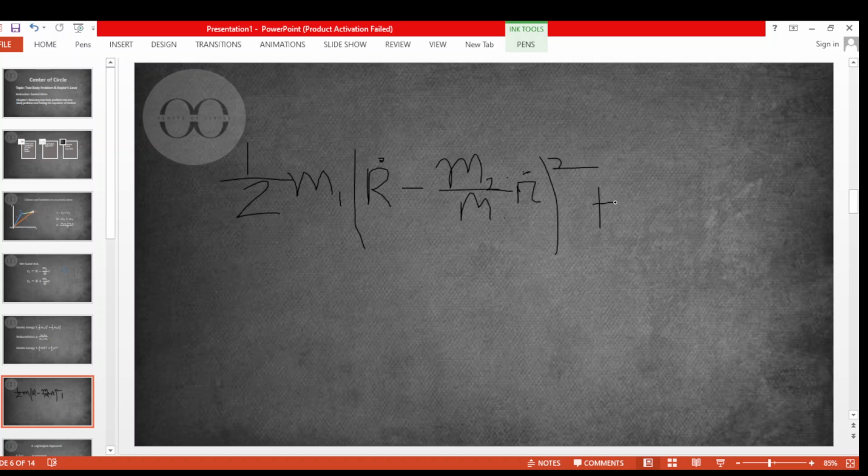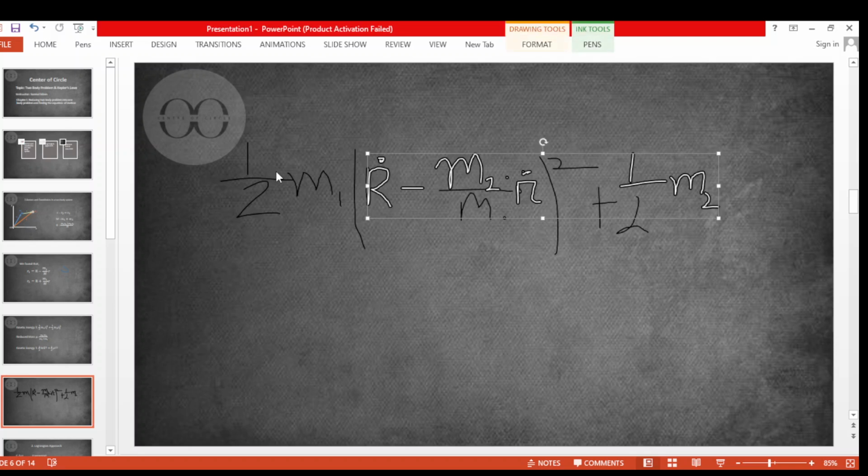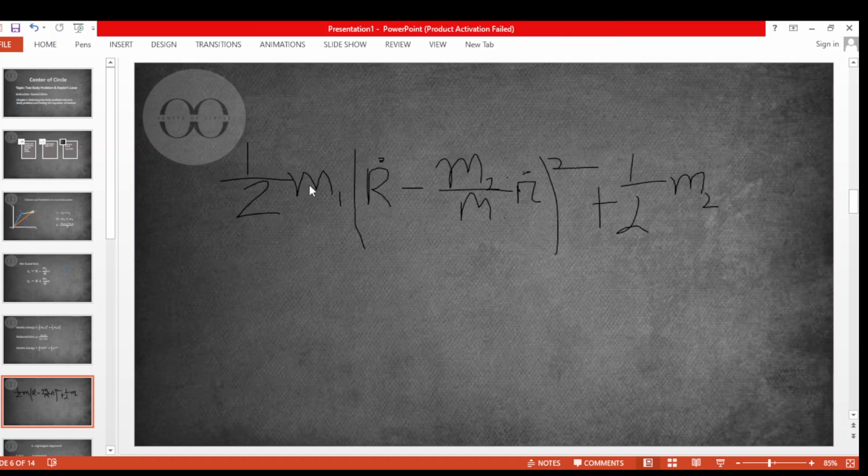Plus half m2 times r2 dot square. Well, I can move my equation.